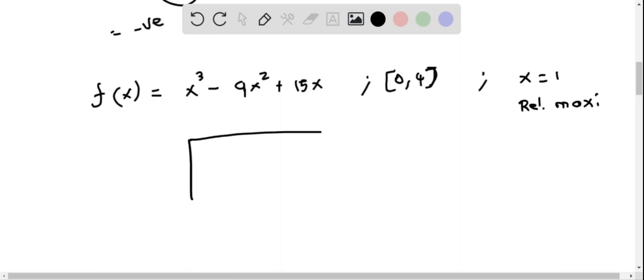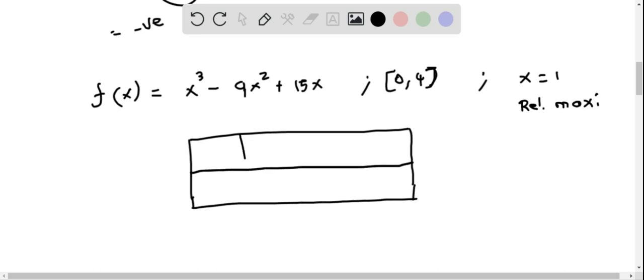So I create the table for x versus f of x. This is x and this is f of x. So we put the endpoints as well: 0, and the critical point, that is 1, and then the other endpoint, 4.